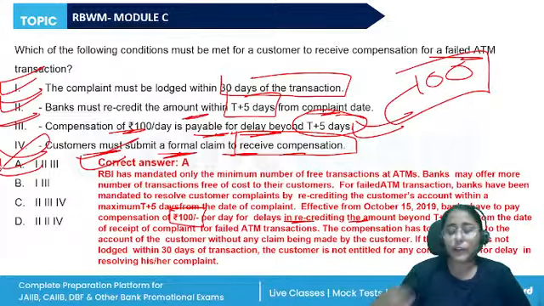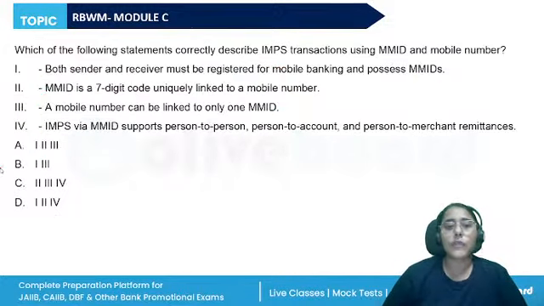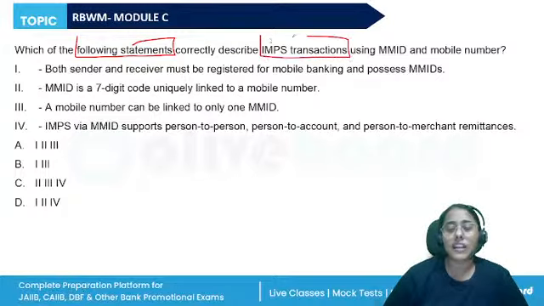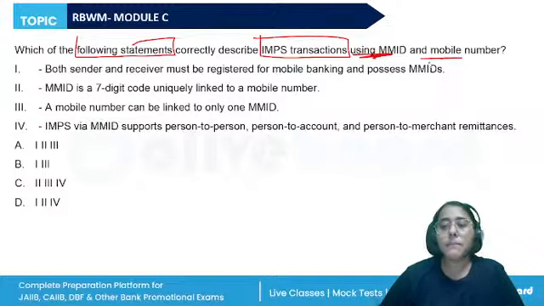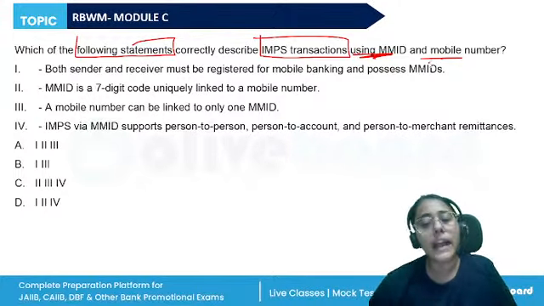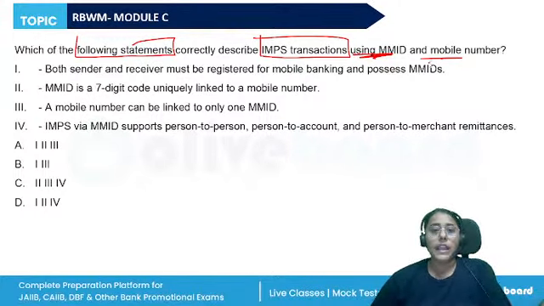All right. Just like the video, everyone who is present here, and then answer this question. Which of the following statements correctly describe the IMPS transaction using the MMID and mobile number? Now, electronic transactions through the mobile phone, IMPS service is very important, right?